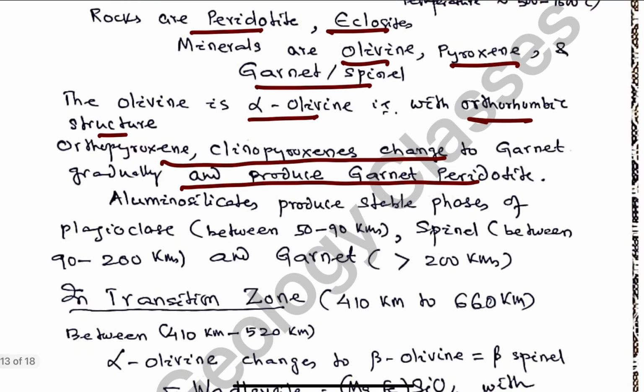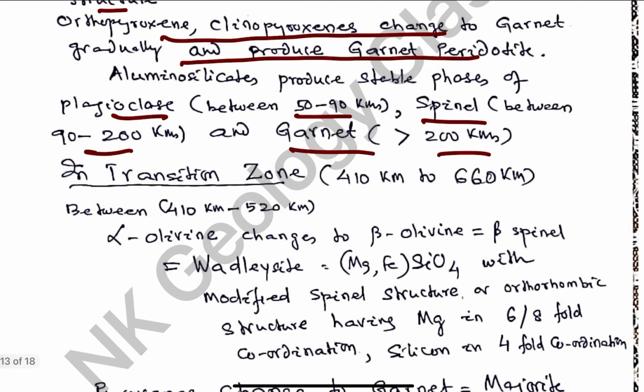Aluminosilicates such as plagioclases present within a depth of 50 to 90 kilometers become spinel at 90 to 100 kilometers, and garnet at greater depth, more than 200 kilometers.